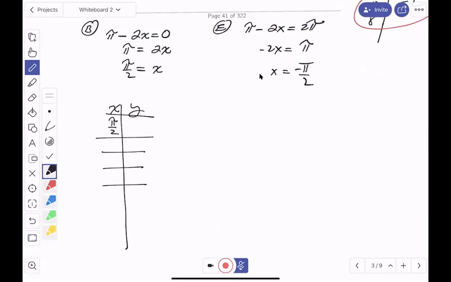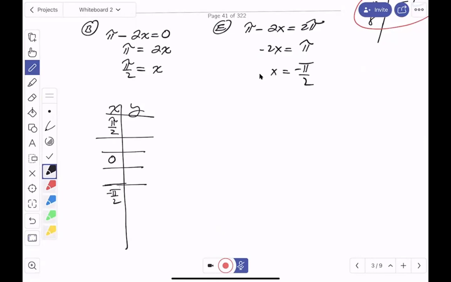All right, so minus pi over 2. Minus pi over 2. Well, if you add the beginning and end together, you get 0, and 0 divided by 2 is 0. That's not so bad.